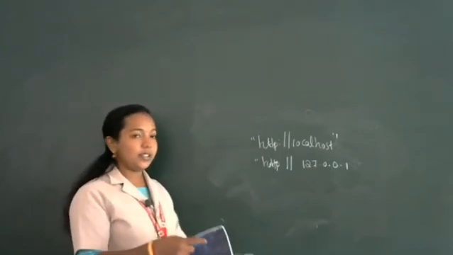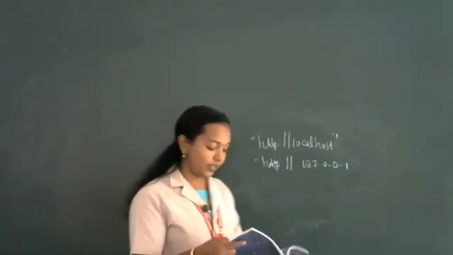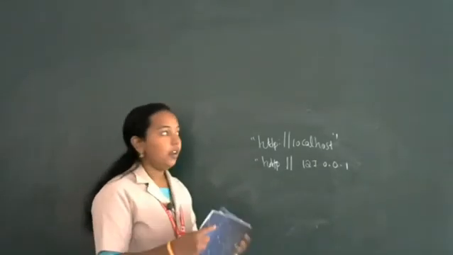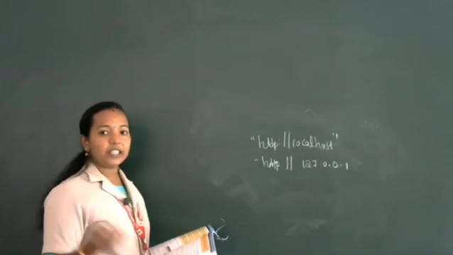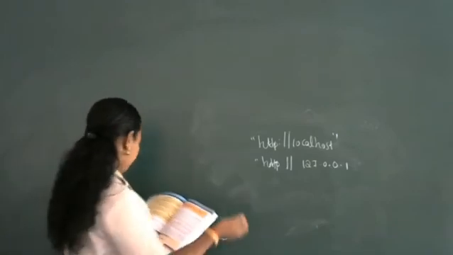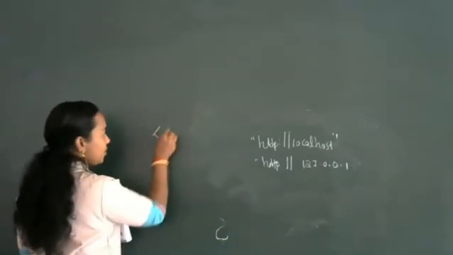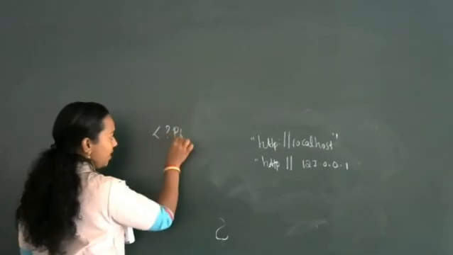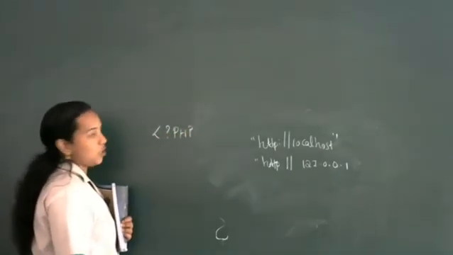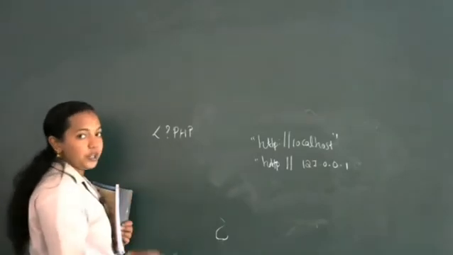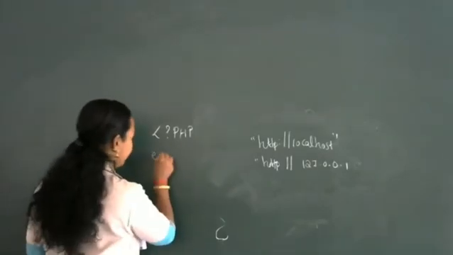Then next we are going to start writing a PHP program. Okay, so I am going to write a simple PHP program. Welcome to my first PHP program. So first I start PHP with the <?php tag. This indicates we are going to write PHP commands.